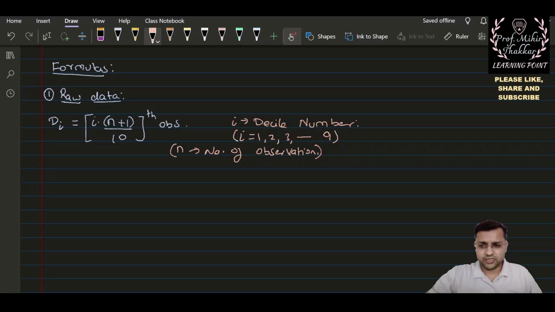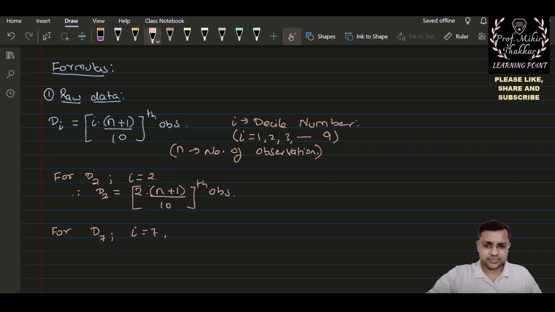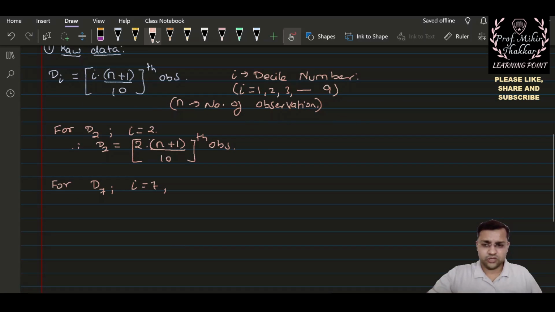If I want to take a small example, suppose you want to find D2. Over here for D2, i is equal to 2. So I can say that D2 is 2 into (n plus 1) upon 10th observation. In case a certain question is asking us to find D7, I can take i as 7. Then your D7 value will be equal to 7 into (n plus 1) divided by 10th observation.